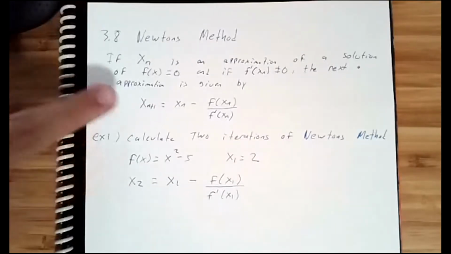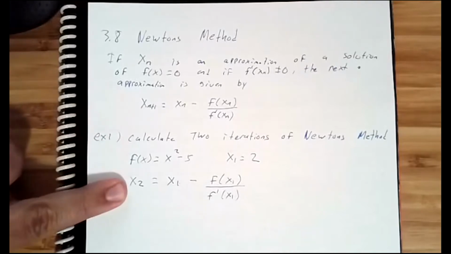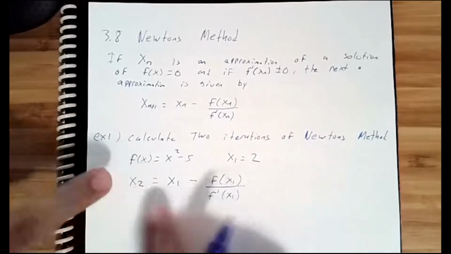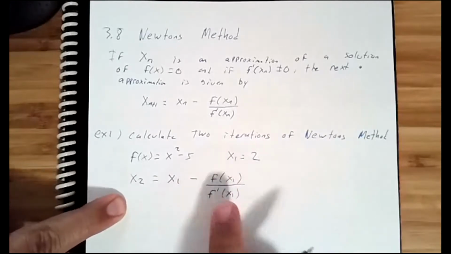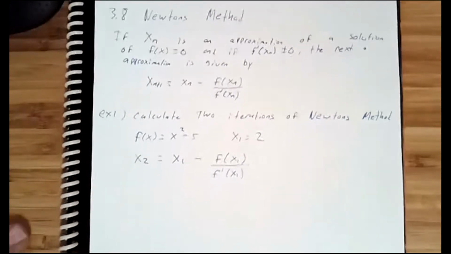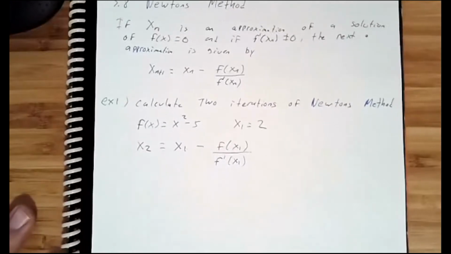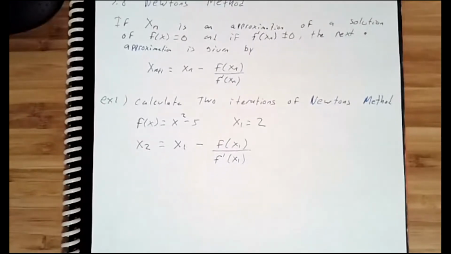So do you see what the formula is saying, right? If I want to find the 2, then I use the 1. Once I find 2, then I can find 3 using the 2 plugged in. And you keep doing that forever. The more you do, the more accuracy you get. Kind of like the calculator, right? It'll give you a bunch of decimal places and eventually you stop. Of course, we are not robots, so we're only going to do it a couple of times to get the idea.